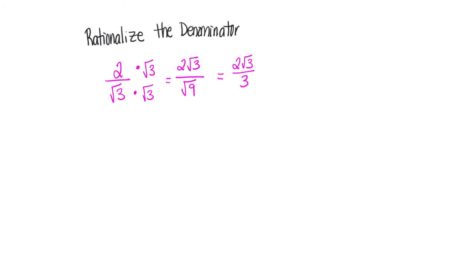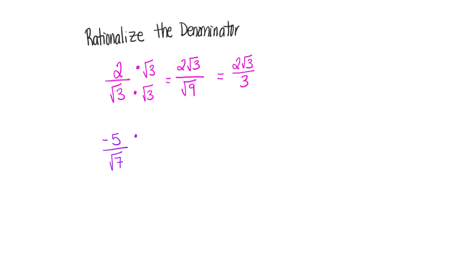Let's take a look at another one. Let's say we are trying to rationalize the following fraction: negative 5 over the square root of 7. To rationalize this, what we're doing is getting the radical symbol out from the denominator.